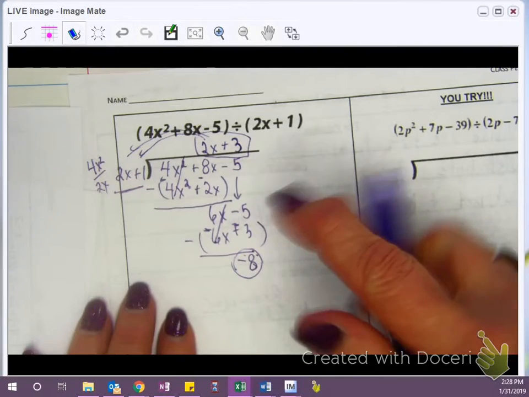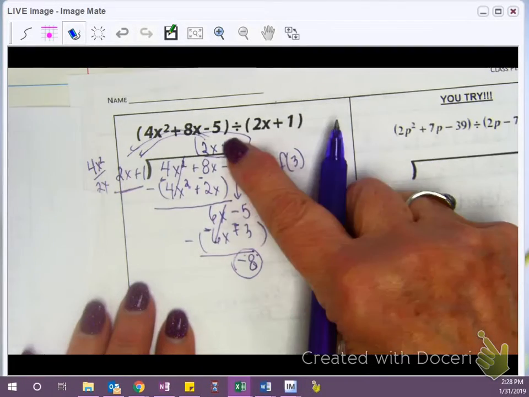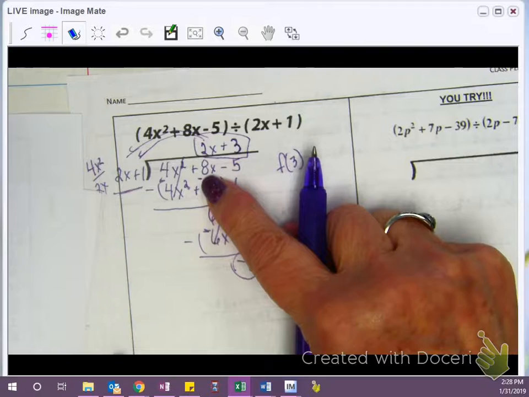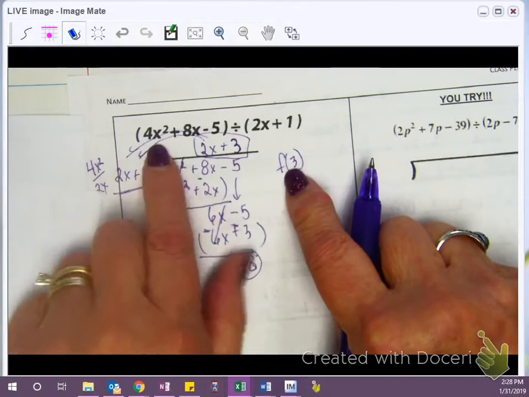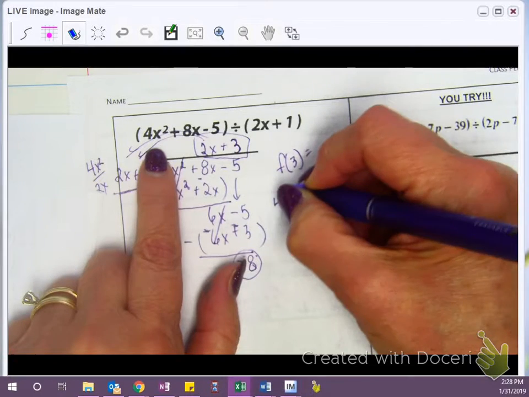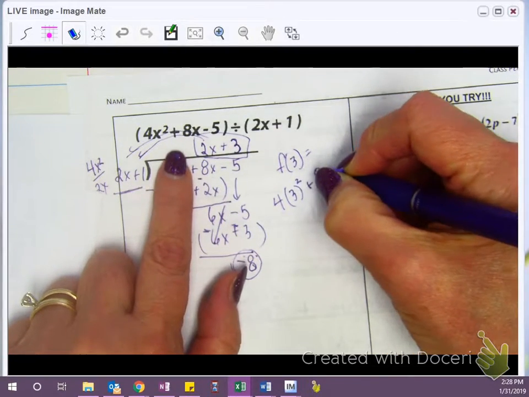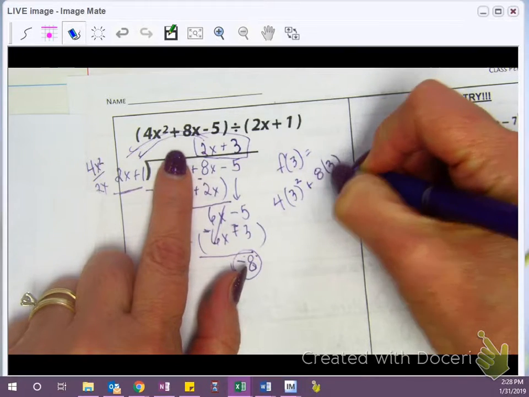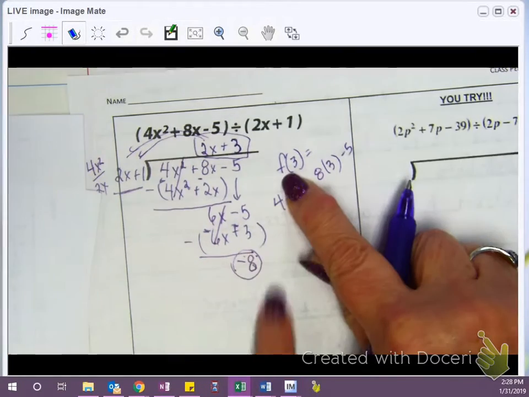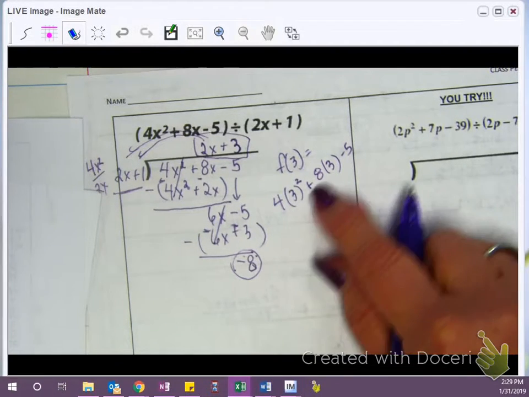If I asked you what is f of 3, and this function is f, then you would substitute in 3 for these x's. So that would be 4 times 3 squared plus 8 times 3 minus 5. That's what this means. This means plug in 3. Substitute 3 for all of the x's.